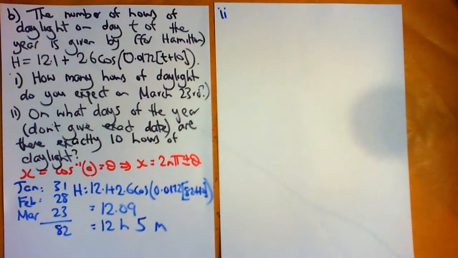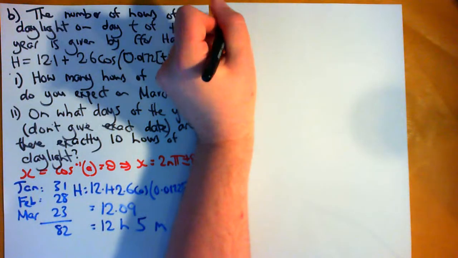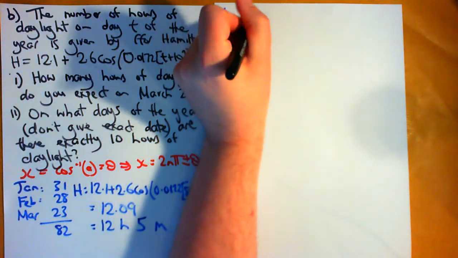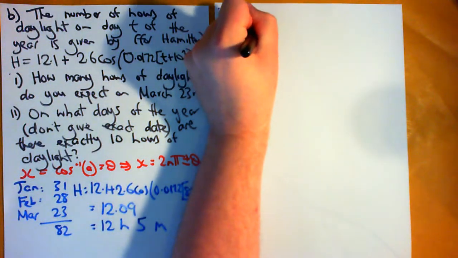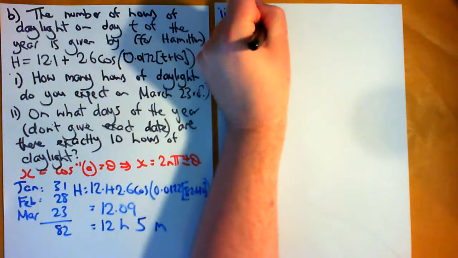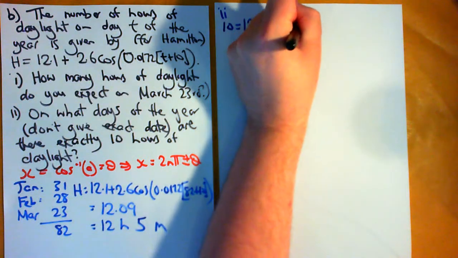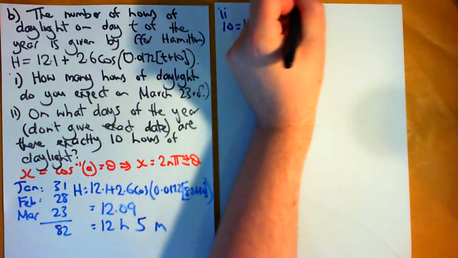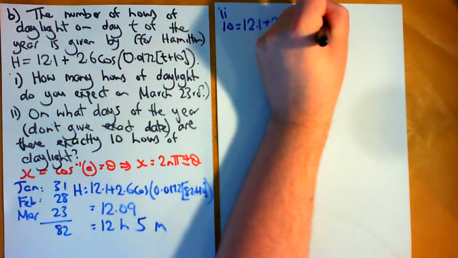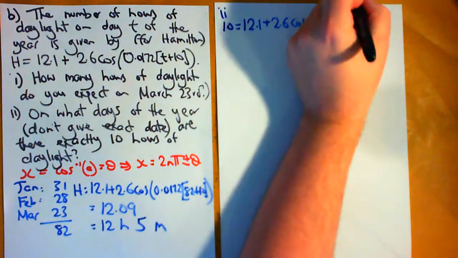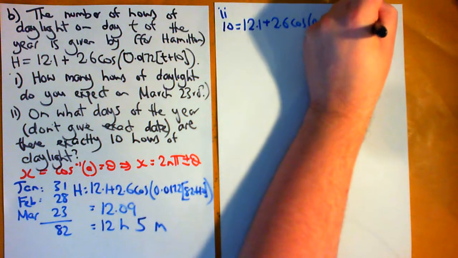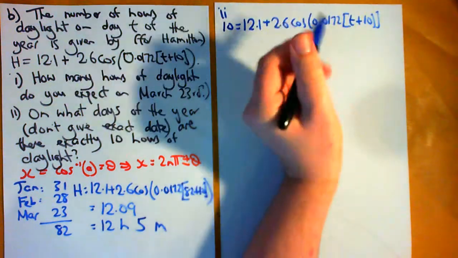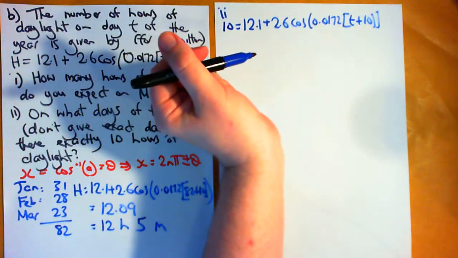Okay, so the equation we need to solve is capital H, we want to be 10, equals 12.1 plus 2.6 times the cosine of 0.0172 times t plus 10. Okay, so that is what we need to solve.